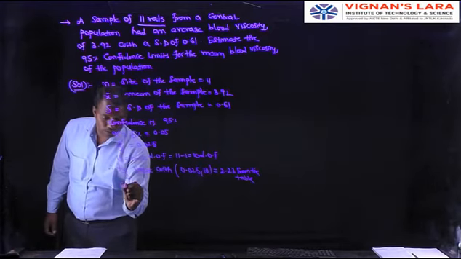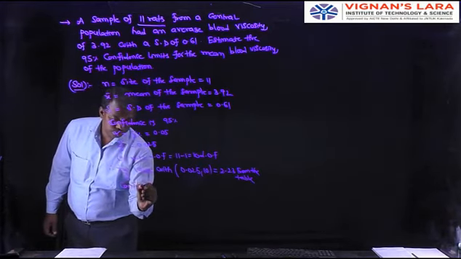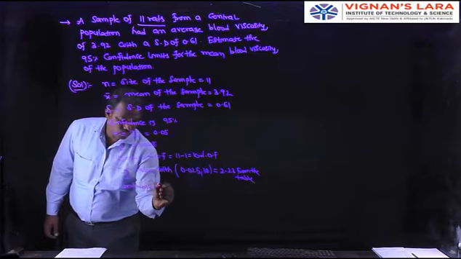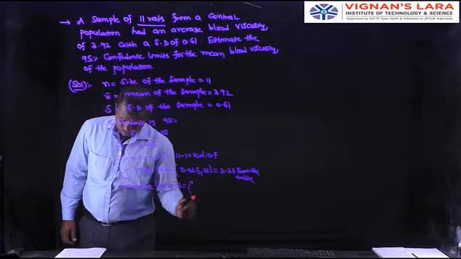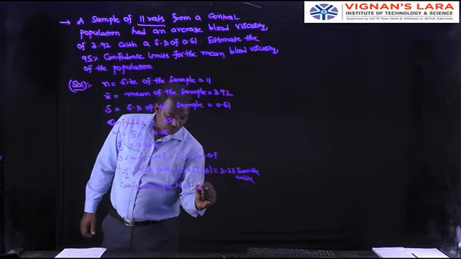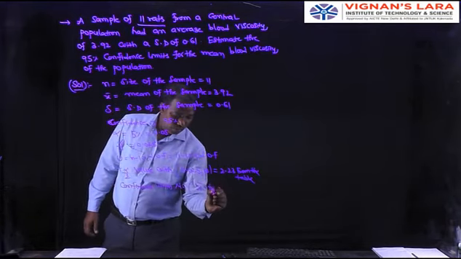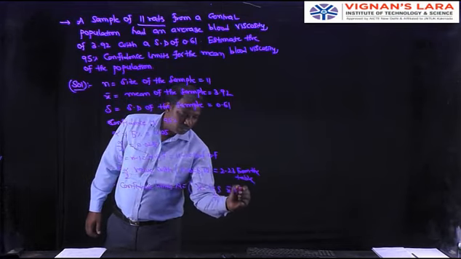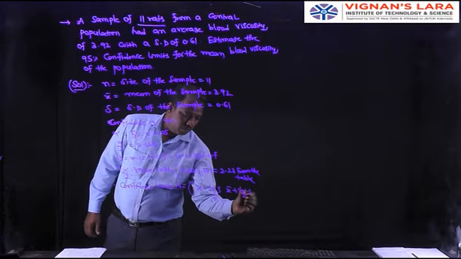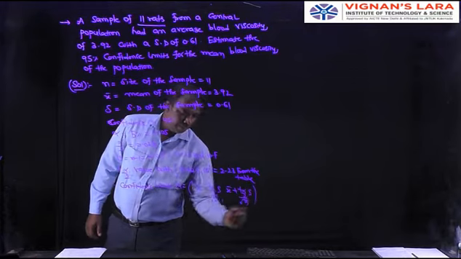Therefore, confidence limits for mu are x bar minus t alpha by 2 into s by root n, comma, x bar plus t alpha by 2 into s by root n.